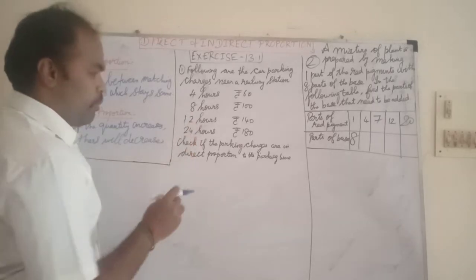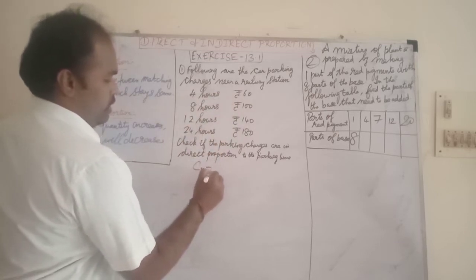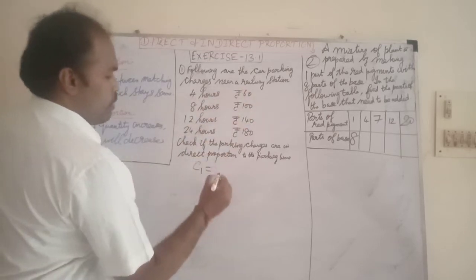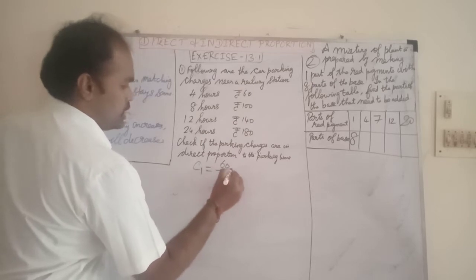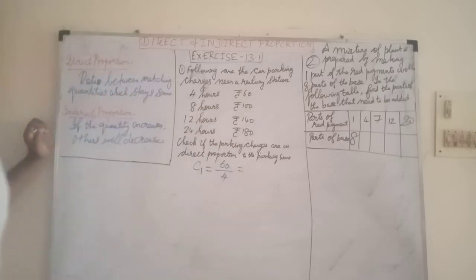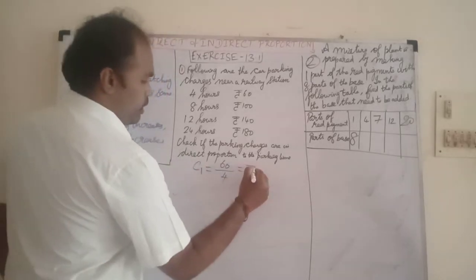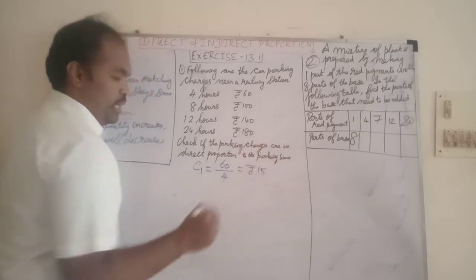First, the car parking charge C1: 60 rupees divided by 4 hours. 60 divided by 4 is how much per hour? 15 rupees.